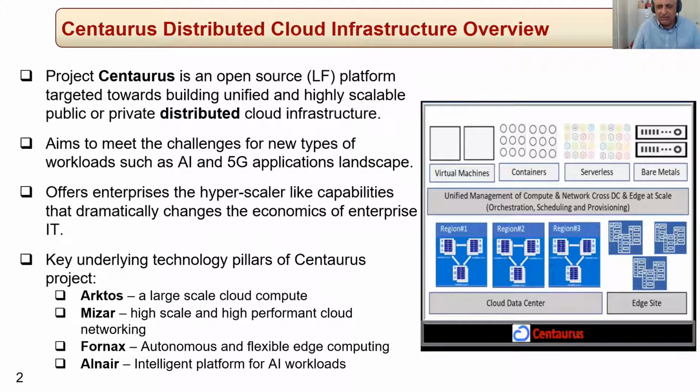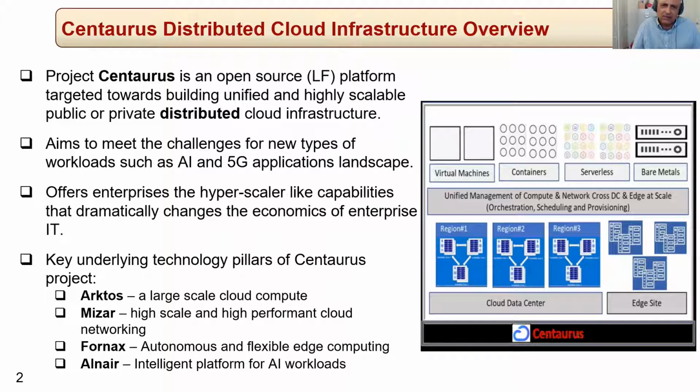So the challenges are really very different. As part of the distributed cloud infrastructure, we are addressing all of these needs to support such an application landscape, and offering enterprises hyperscale-like capabilities.